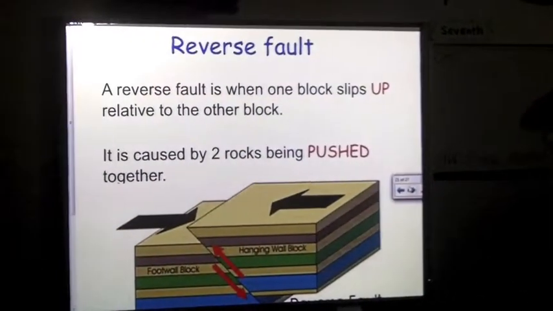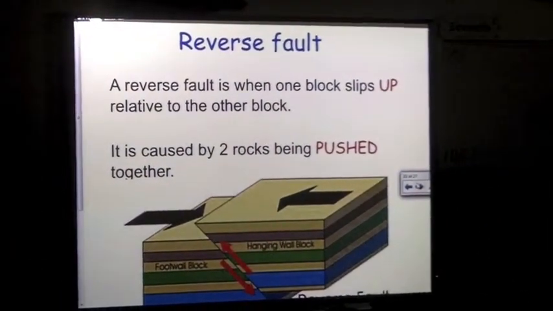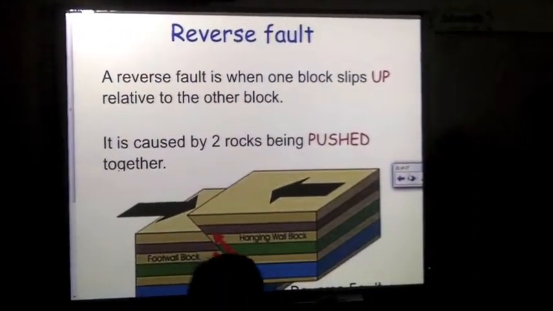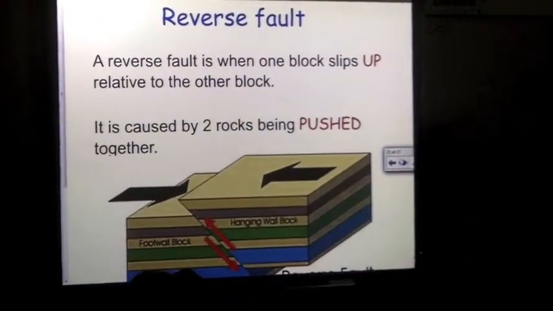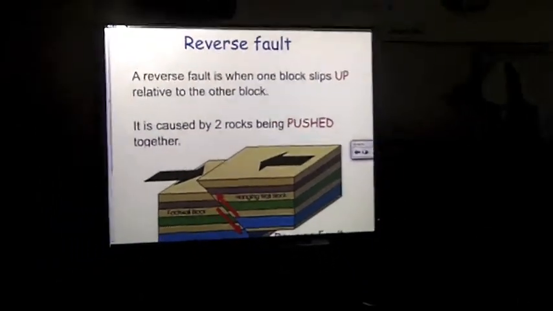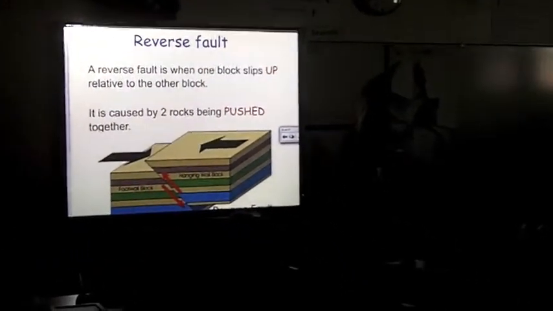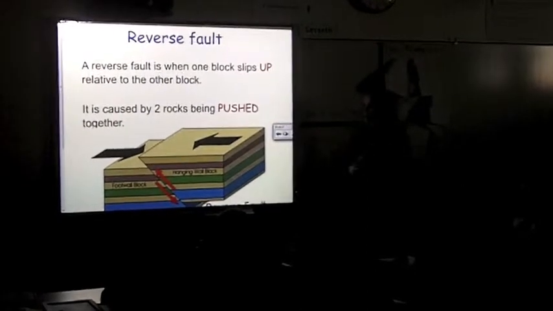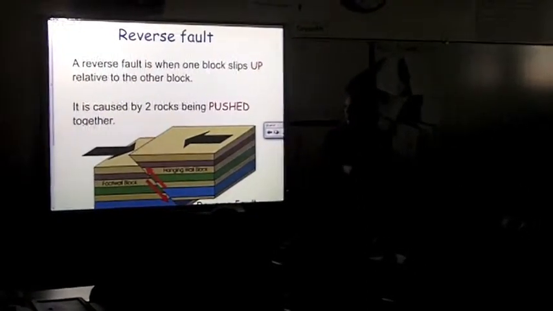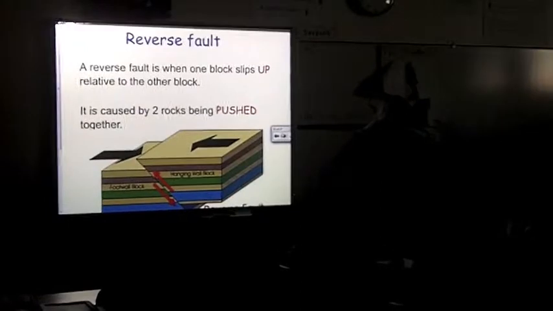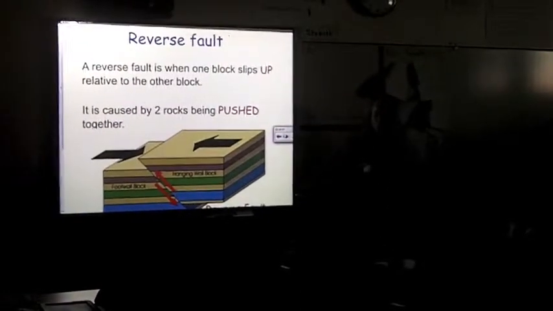So, reverse. This is the exact opposite. Reverse, right? Like when you play Uno and you get one of those reverses and it goes the other direction. This one goes the other direction. This one's going up. If normal drops below, sinks below, this one raises up. So, this is caused by two rocks, or two of our plates, that are being pushed together.